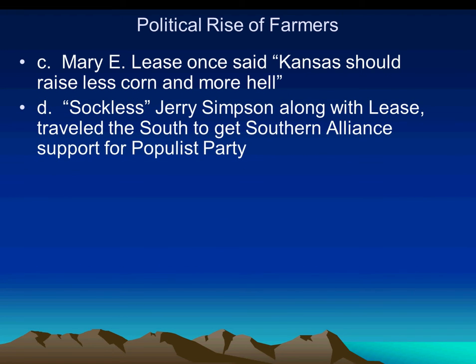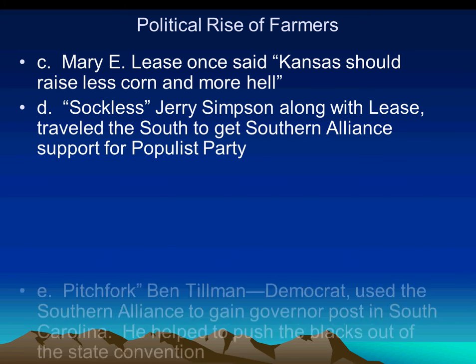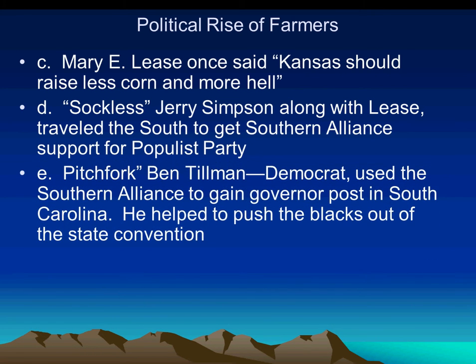Sockless Jerry Simpson, along with Lease, traveled and tried to drum up support to get the Southern Alliance to support the Populist Party. Pitchfork Ben Tillman, a Democrat, used the Southern Alliance to gain the governor's post in South Carolina, and he will push the blacks out of the state convention.